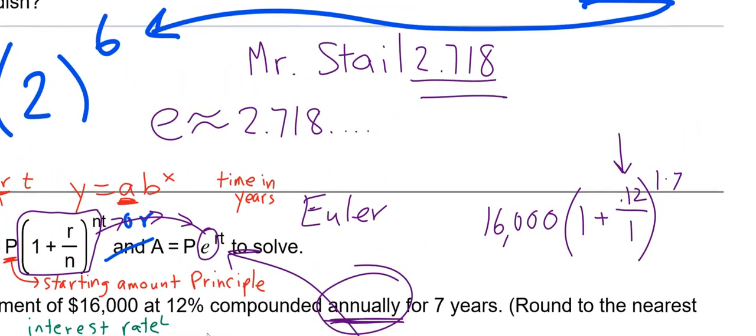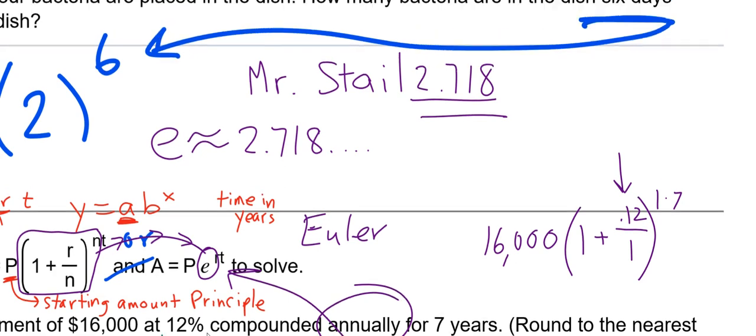Now I've got a question for you. Since the n value is a 1, do I need to worry about typing it? Or could I just type 16,000 parenthesis 1.12 to the 7th? Is this the same thing as what I have written below? Okay, but if you take 0.12 and divide by 1, what do you get?